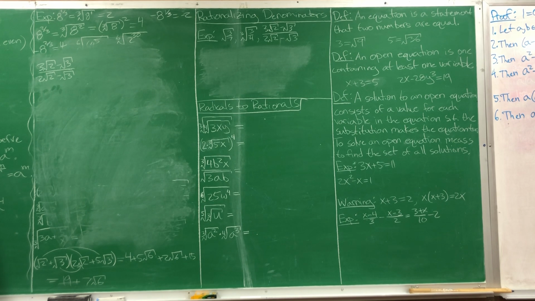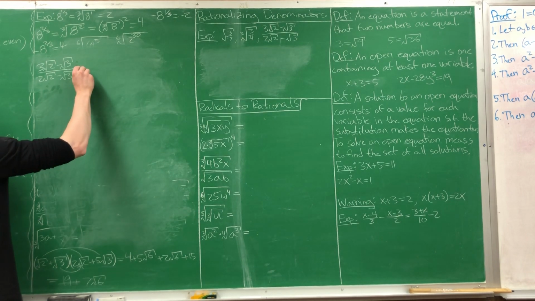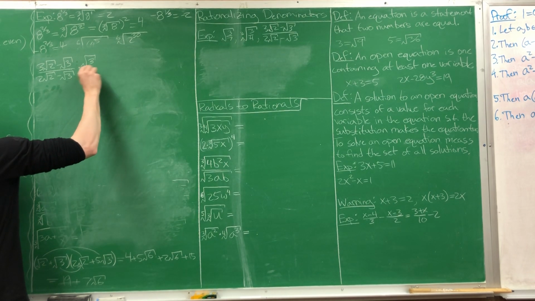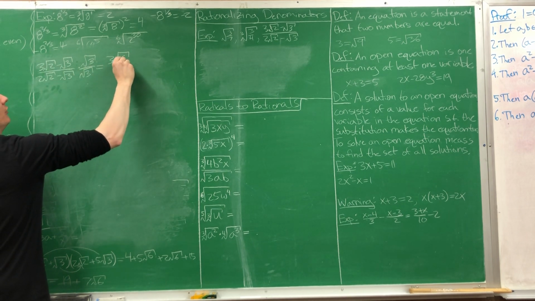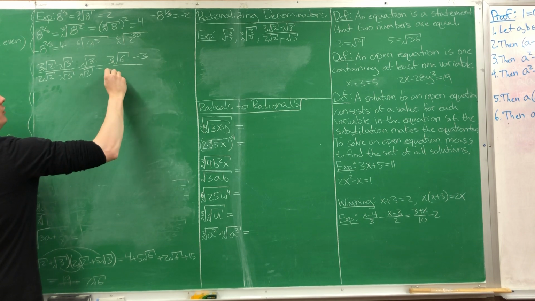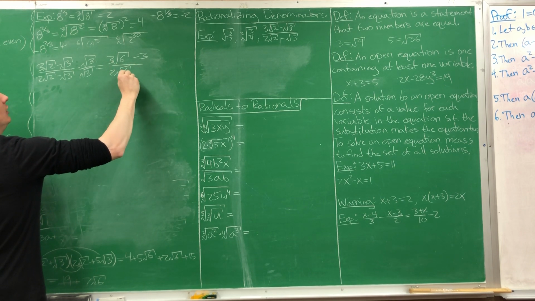Times it by itself? That won't get us there. Has anyone done a problem like this before? If you multiplied it by root 3, you can cancel it out. If I multiply top and bottom by the square root of 3, distributing that in, we're going to get 3 square roots of 6 minus 3 all over 2 square roots of 6 minus 3.